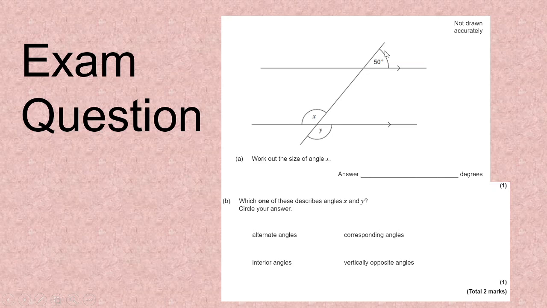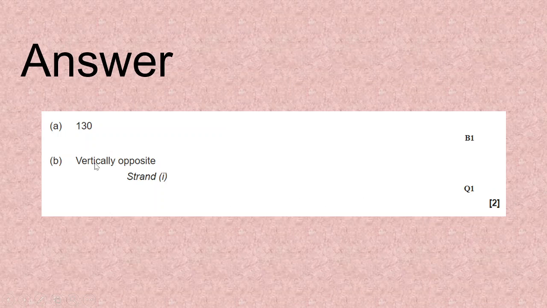We could use angles on a straight line to make this one 130 here from the 50, and then we've got alternate angles that are equal. We could have used angles on a straight line to work out this one is 130, and then we can use corresponding. It doesn't matter how you did it, as long as you got that X would be 130 degrees, that's 1 mark.